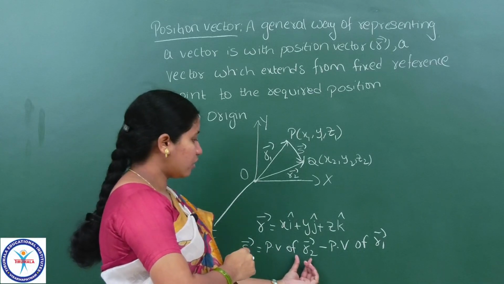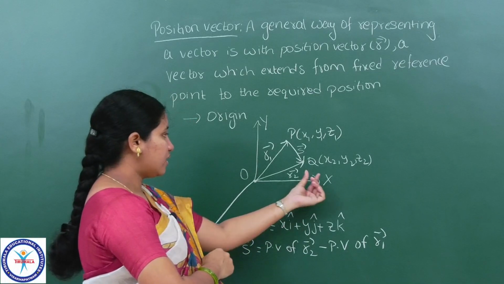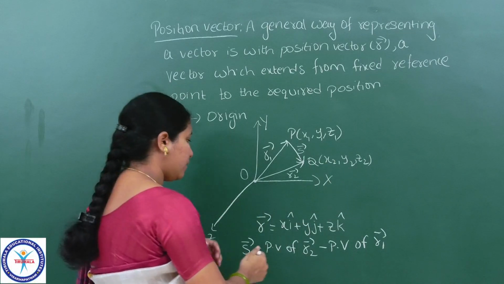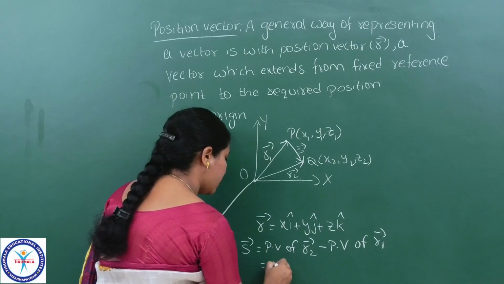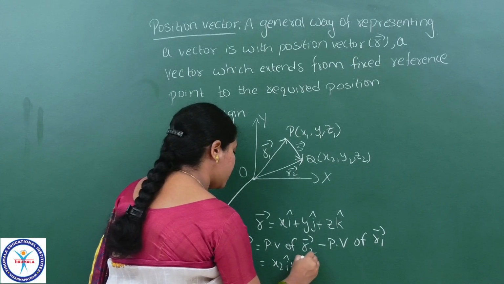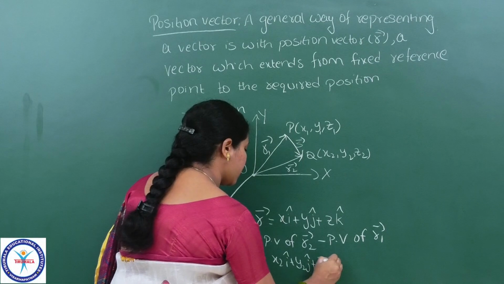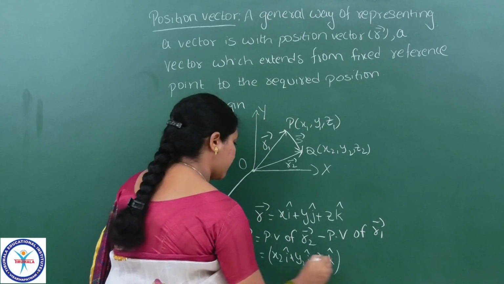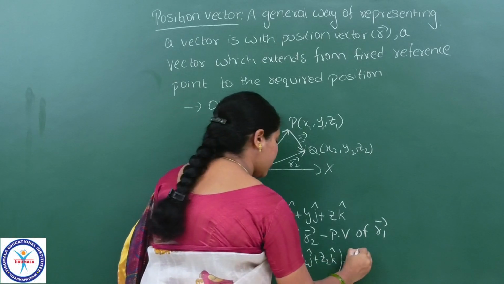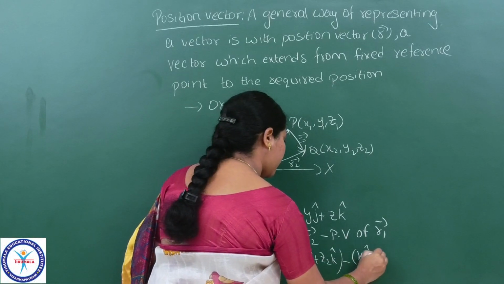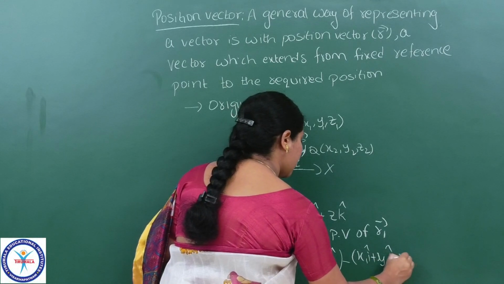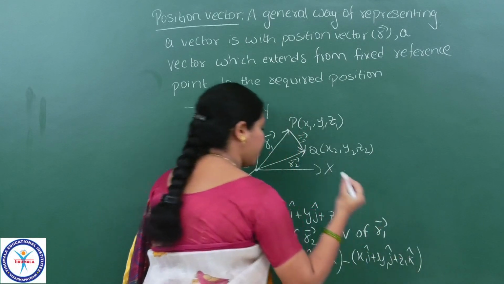Position vector r2 bar, which is given by the coordinates x2, y2, z2, can be written as x2 i cap plus y2 j cap plus z2 k cap, minus r1 bar, that is x1 i cap plus y1 j cap plus z1 k cap.